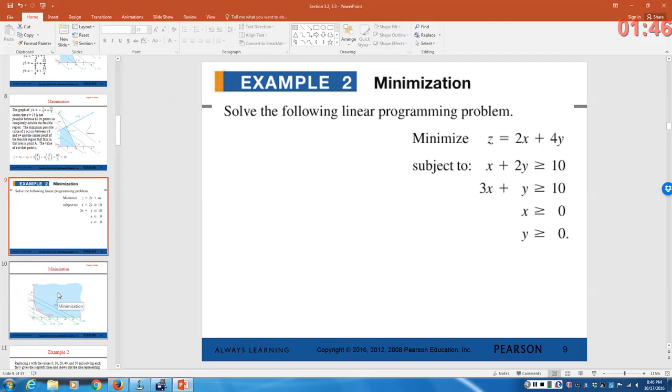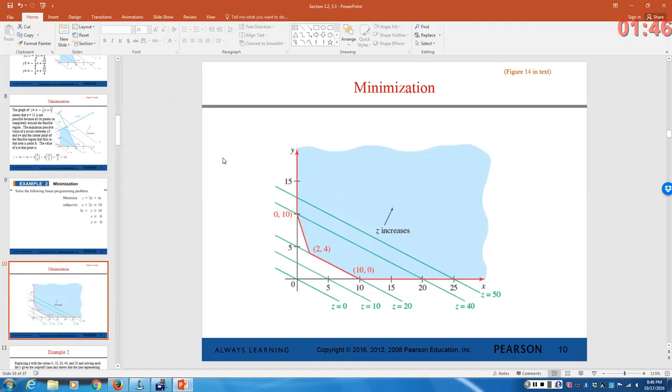So when we graph the feasible region, it looks like this. This feasible region is unbounded. Okay, 0, 0 didn't work at either one of those constraints. So Z, again, if you let Z be 0, 10, 20, 40, 50, whatever, as you move further and further out, Z is going to be increasing in value.